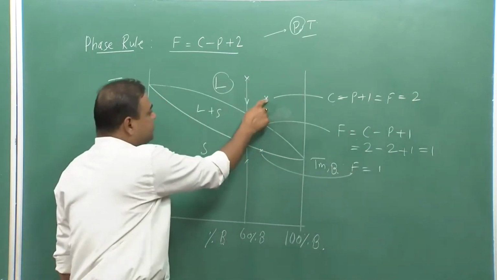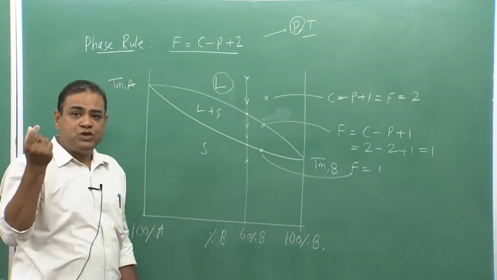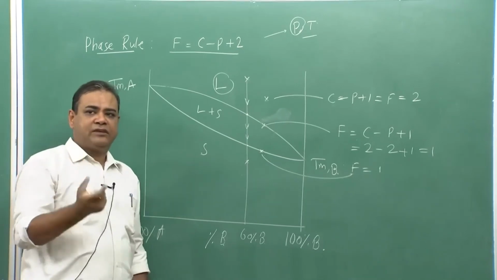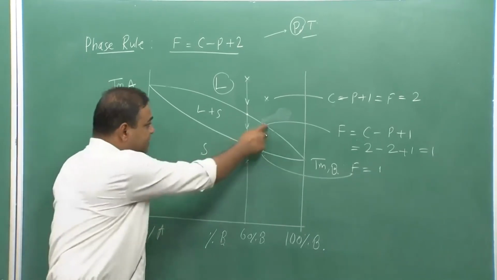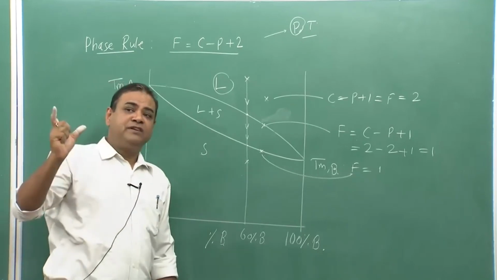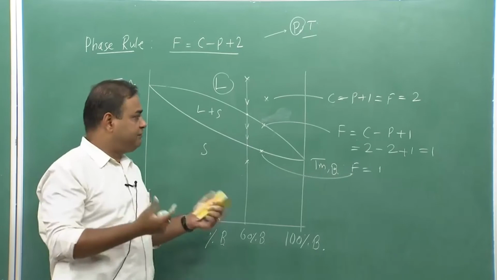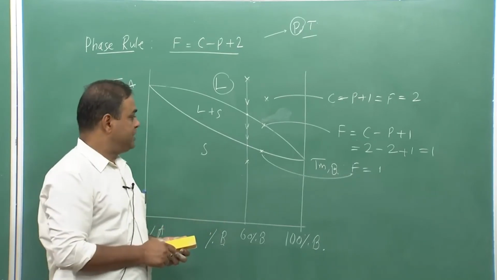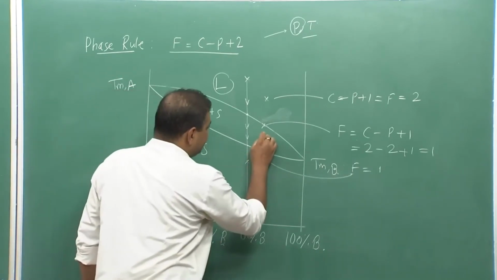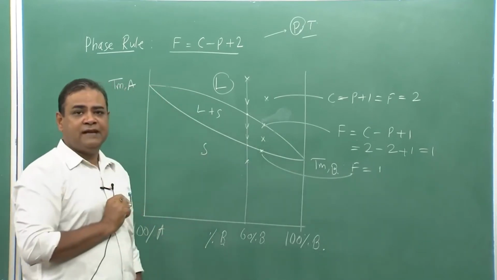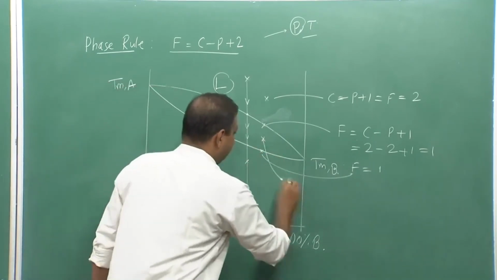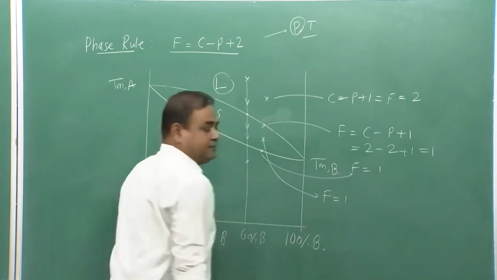So in order to define this point, I need 2 variables, the temperature as well as composition. But here I am fixing one variable, and with one independent variable I can define the system. Now, if I try to see at this point, again you will find that F would become 1.